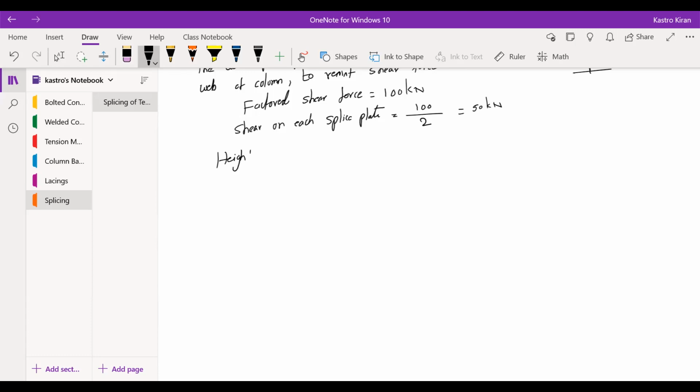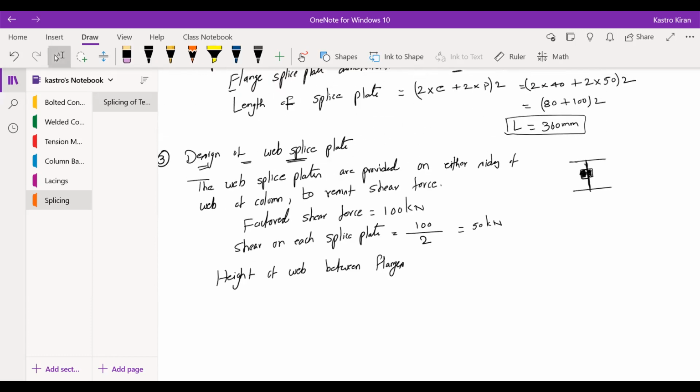So height of web between flanges. What is this? So it is actually this one. The height of the web between the top flange and bottom flange. This one you are going to find. So how will you find out this one?